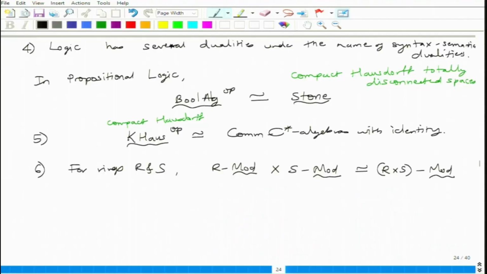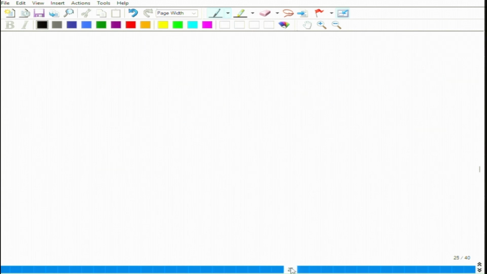Instead, I want to talk about one way of characterizing this particular equivalence. This will be the first theorem of our course.